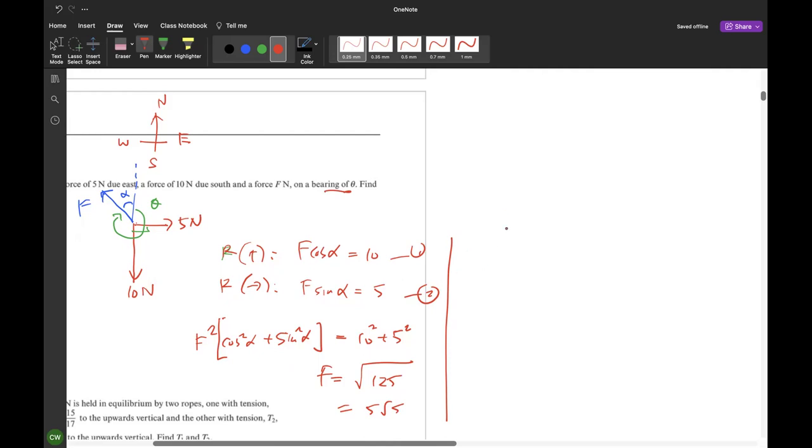Okay, the other one you can divide. Sine over cos becomes tangent. 5 over 10, 0.5. What is alpha? Arctangent 0.5. What is arctangent 0.5? 26.6.